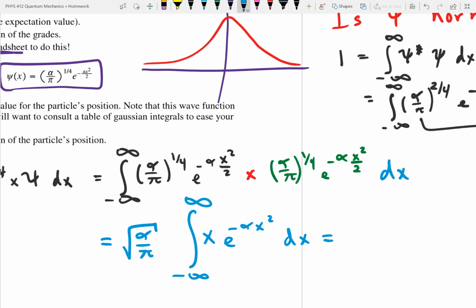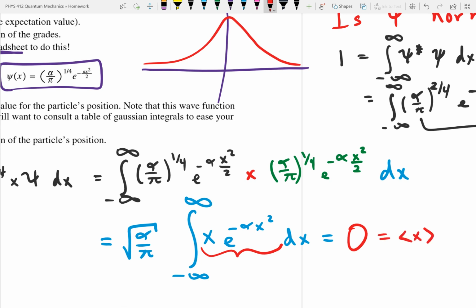You don't need to remember the table, because this is it an even or an odd function? Oh, it's an odd function. And so an odd function over symmetric limits is 0. It's good to remember those things rather than knocking yourself out and getting annoyed. So on the homework, can we just write that?